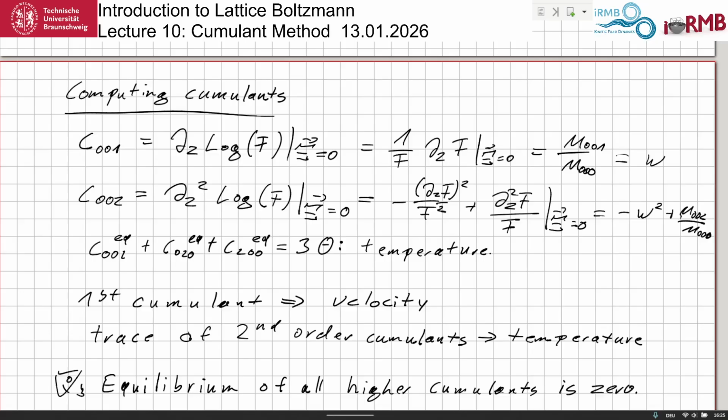If you take the Maxwell distribution and compute the cumulants of these things, all the cumulants are 0, just not the ones for temperature and velocity.